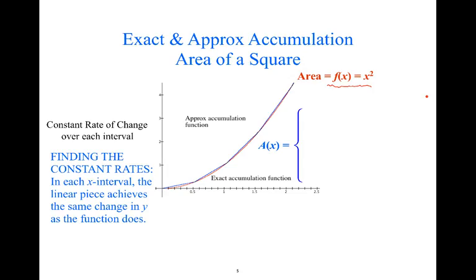Specifically, what information are we taking from the exact accumulation to get this? Is everyone on their laptops taking notes? Okay. So what specifically, with these moments of 0.5, from the exact accumulation function, what information are we taking to build the approximate?